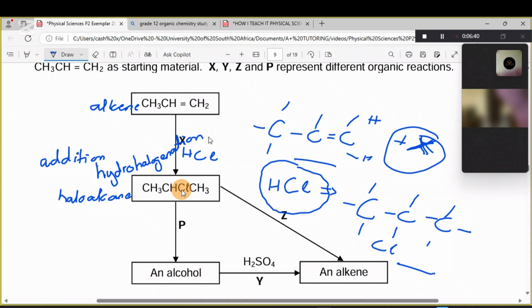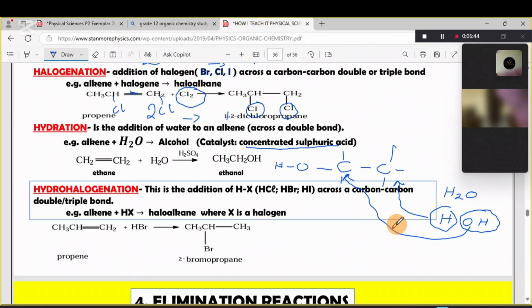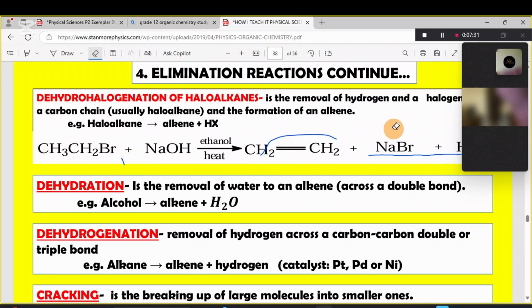Now we go to your elimination reactions, right? So now with elimination, I started with this one, they call it dehydrohalogenation. Why?